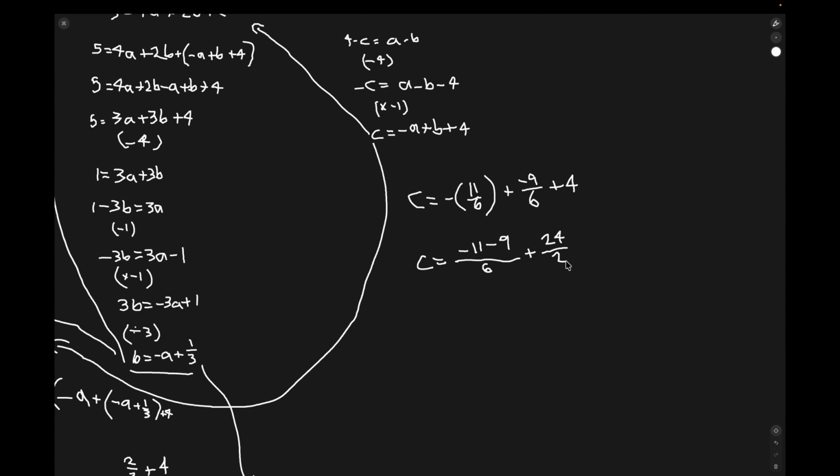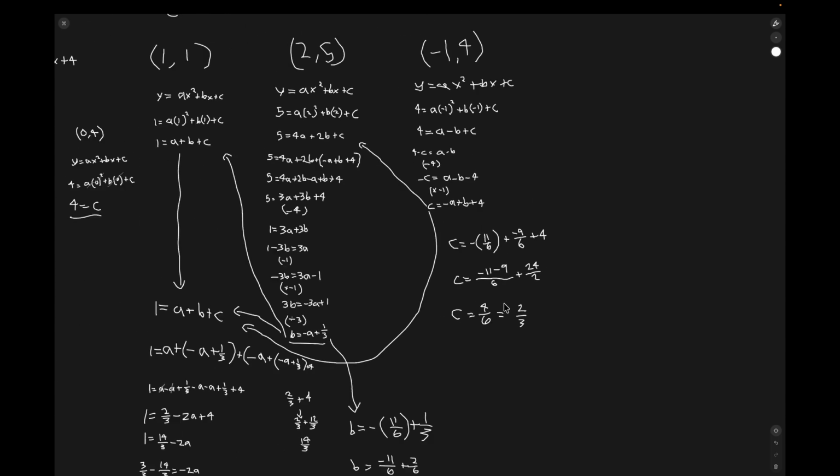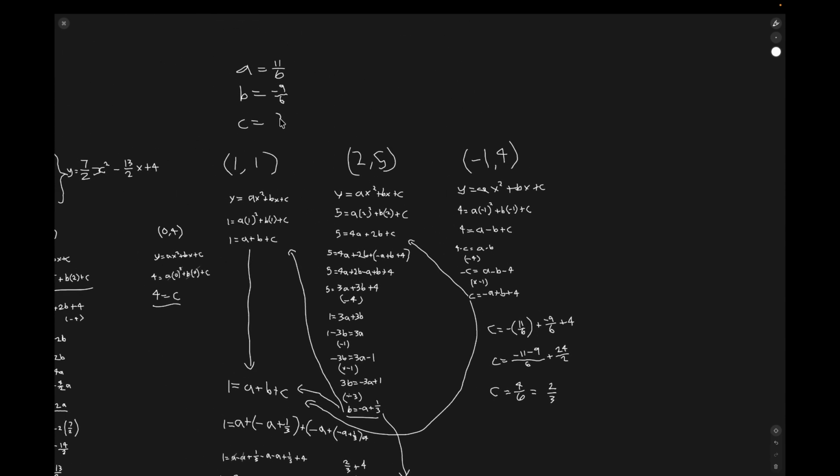Put that into our calculator. Negative c is equal to 4 on 6. Okay. We can divide both sides by 2, so 2 on 3. C is equal to 2 on 3.